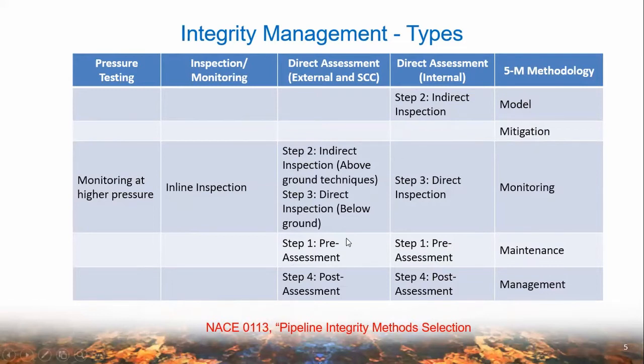Step 2, indirect inspection, which will involve above ground surveys for the external corrosion or modeling for the internal corrosion. Step 3 is the direct inspection, and step 4 is post-assessment. Industry currently uses either inline inspection program or DA program.